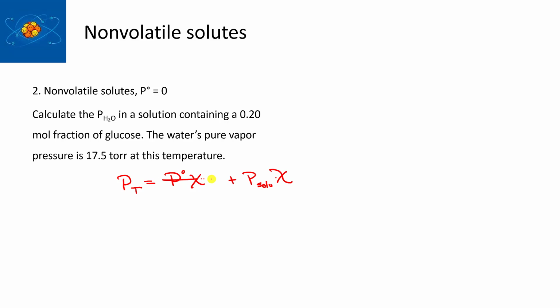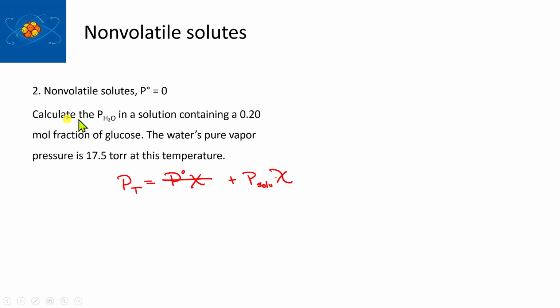And this term is 0, so it goes away. So in order to calculate the vapor pressure above a solution containing a non-volatile solute, you just need the mole fraction of the pure substance in order to calculate its vapor pressure.